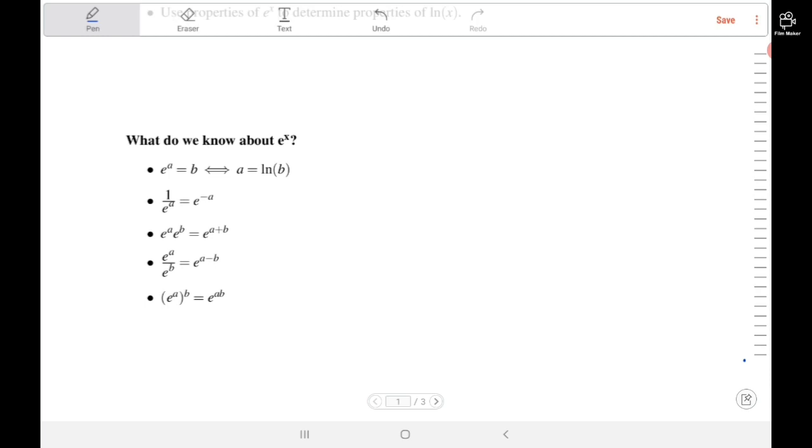That's just applying the previous two properties. And if you have e to the power of a to the power of b, this is just the same as e to the power of the product of a and b. So these are some of the key properties we know about exponentials, and some of them will be useful in the exercises that we do here with determining properties of logarithms.